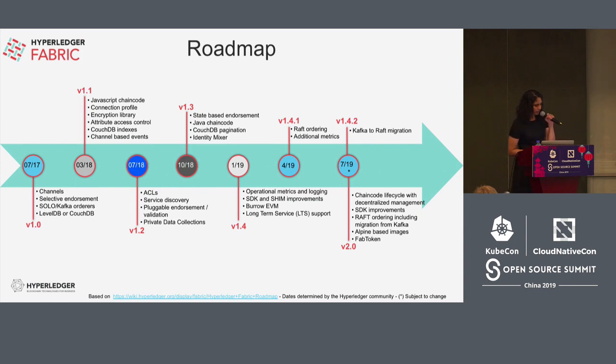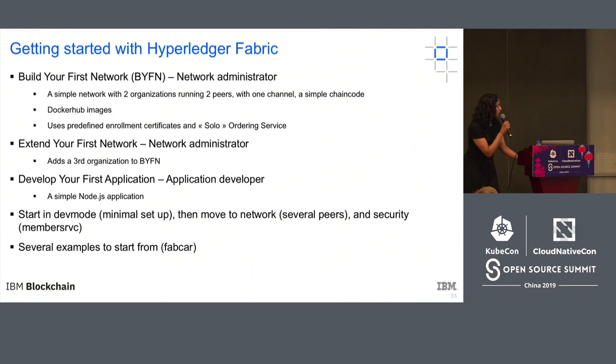And then the cool thing with 2.0 is there are different changes. One of them is the Fabtoken, which will be using a UTXO model, so it'll be a little bit different. But that will be there. Raft will become a default, and hopefully there will be a migration path from Kafka to Raft. So those are kind of quick things I wanted to mention.